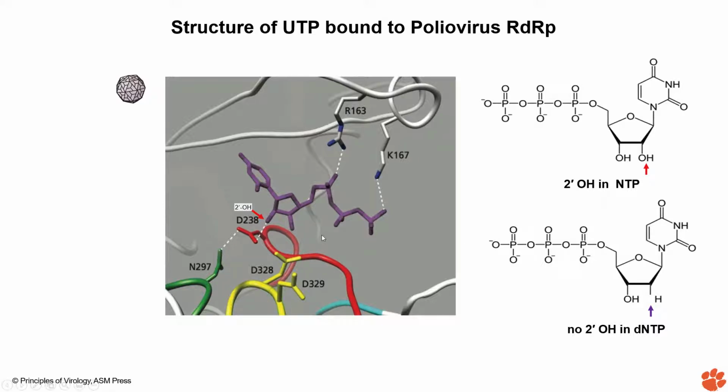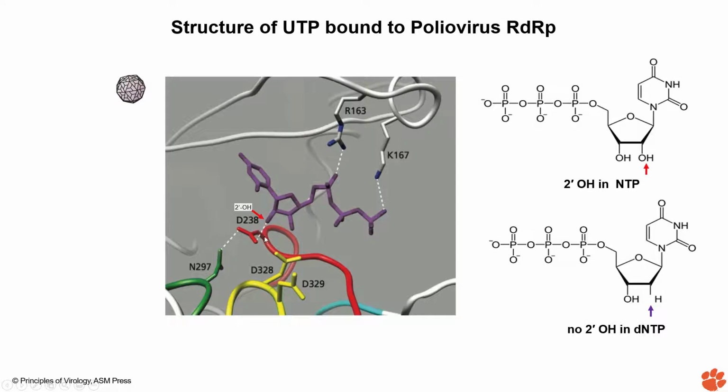So here is a very interesting idea: this is a molecular structure solved in the poliovirus RdRp. Here is D238, and remember that the motif is GDD. This is one of the active site motifs. Here you can see the phosphates. Right here is the base, and this is the 2' hydroxyl, which is coordinated by this D238 motif.